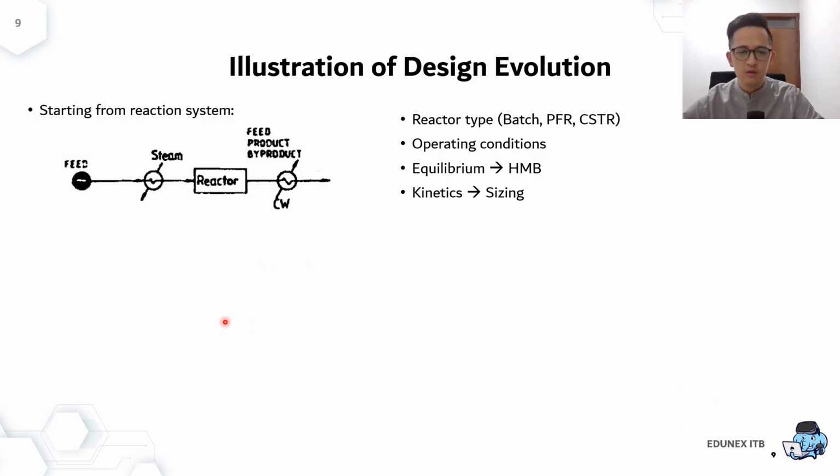In terms of the sequence of the design evolution, again, from the onion model, you have to start from your reaction system. So answer this question: what kind of reactor type, batch, plug flow reactor, or continuous stirred tank reactor? What will be the best or optimized pressure and temperature? And then you have to think about the order of the reaction, the exothermic or endothermic nature of the reaction, before you will be able to answer those optimized process conditions.